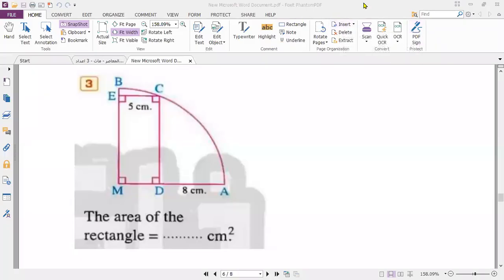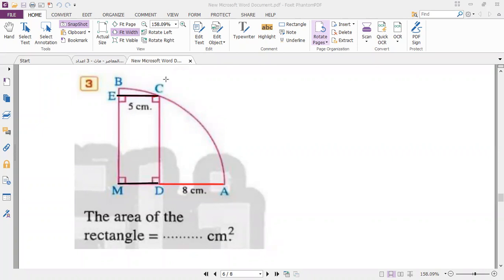What is the area of this rectangle here? The length of AC equals 5 centimeters, and the length of AD is 8 centimeters. You know, each two opposite sides in the rectangle are equal in length. So the length of AC equals the length of MD.